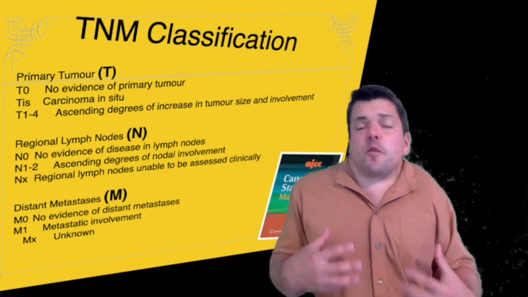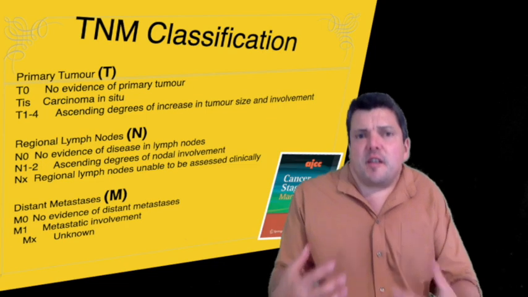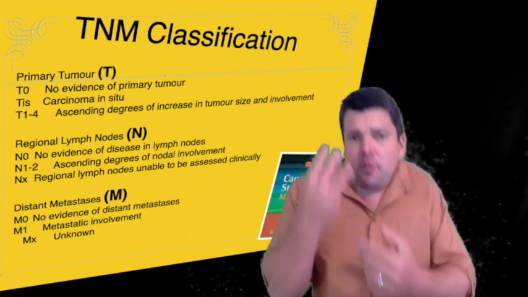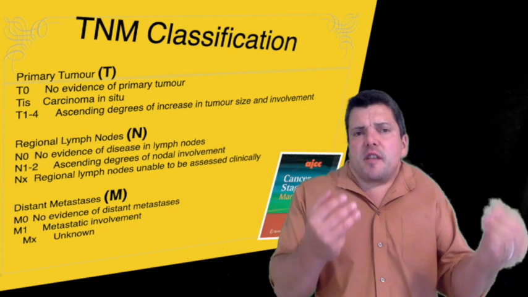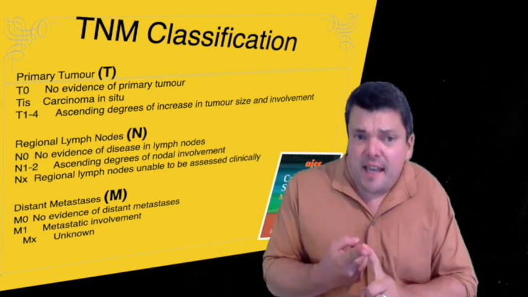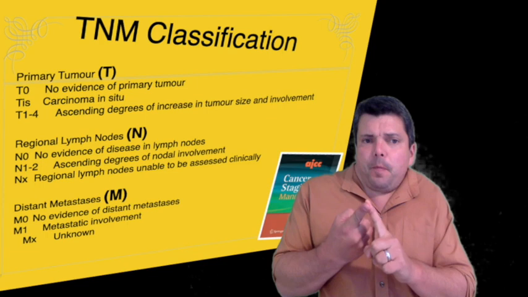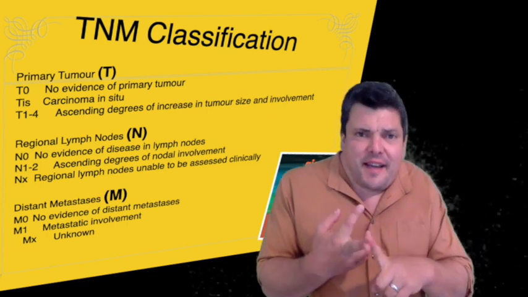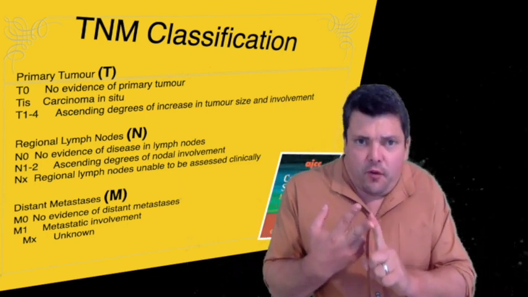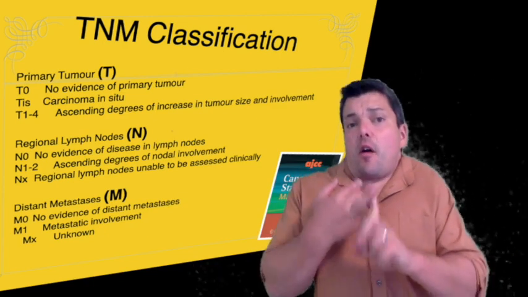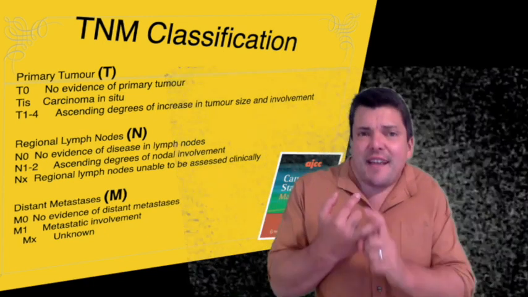When you work with cancer patients, you will see the TNM classification schema used to describe three things about that patient's cancer. The tumor size, which is part of the T classification, whether or not regional lymph nodes have cancer cells in them, and whether or not there are presence of metastasis.